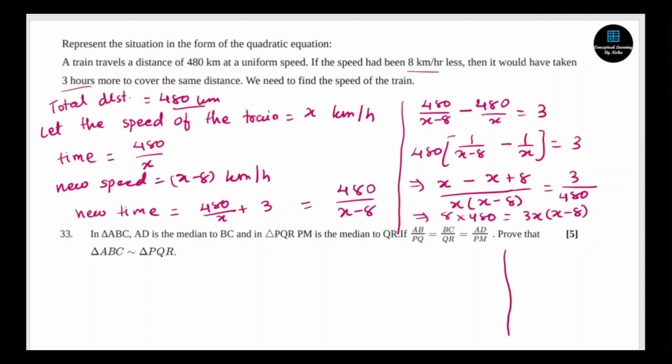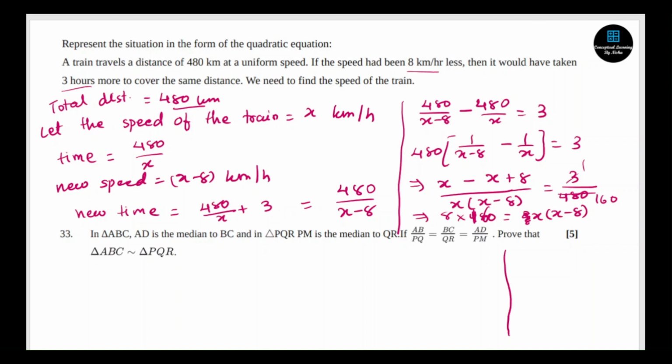Now what do I get? When I multiply this, I'll get 480 into 8. If I divide both the sides by 3 first, I can simplify this. 3 1 times, 3 6 times, and then 160 I can take and simplify this. So that becomes very easy for me.